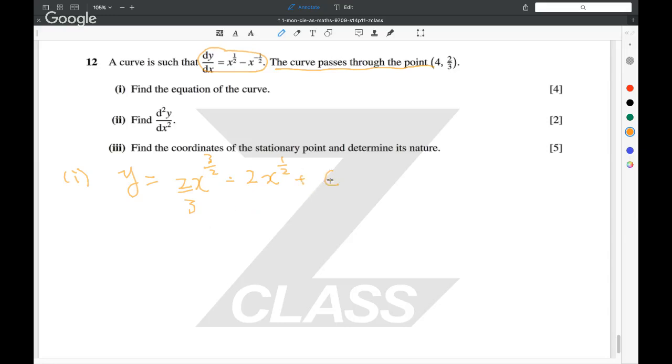And in order to quantify this constant, we need to substitute in the point 4, 2/3, and that will fix the constant to be minus 2/3.